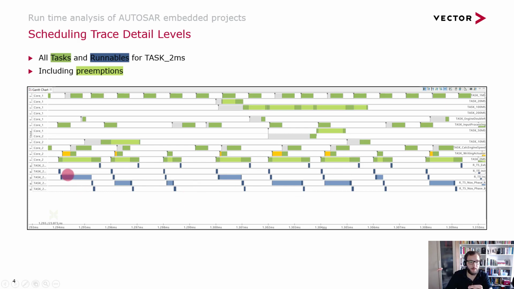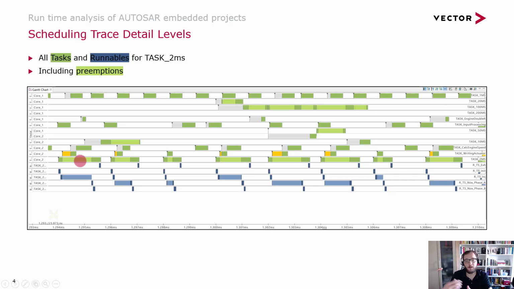With the blue color, you can see the different runnables running inside this task, in which order they were executed inside the task, and which of the runnables was preempted while your task is getting preempted.